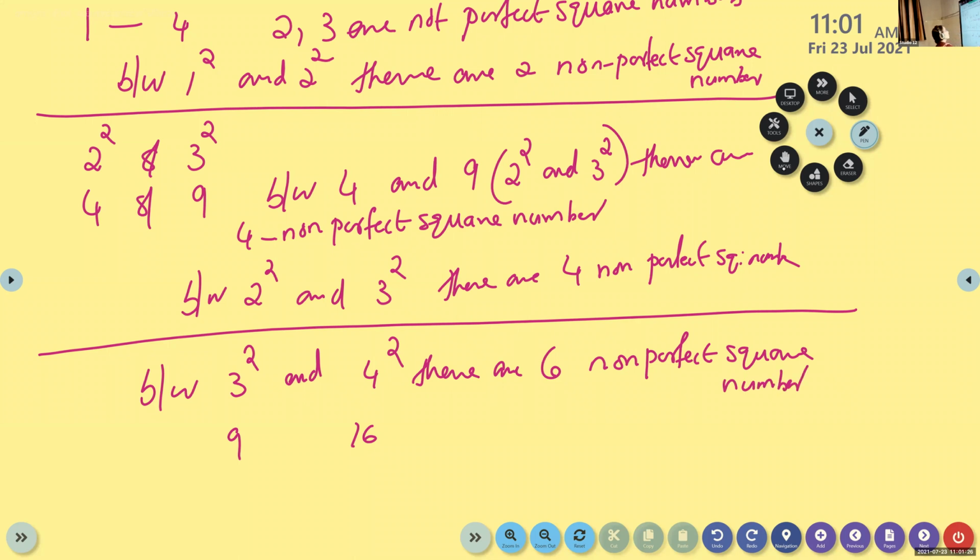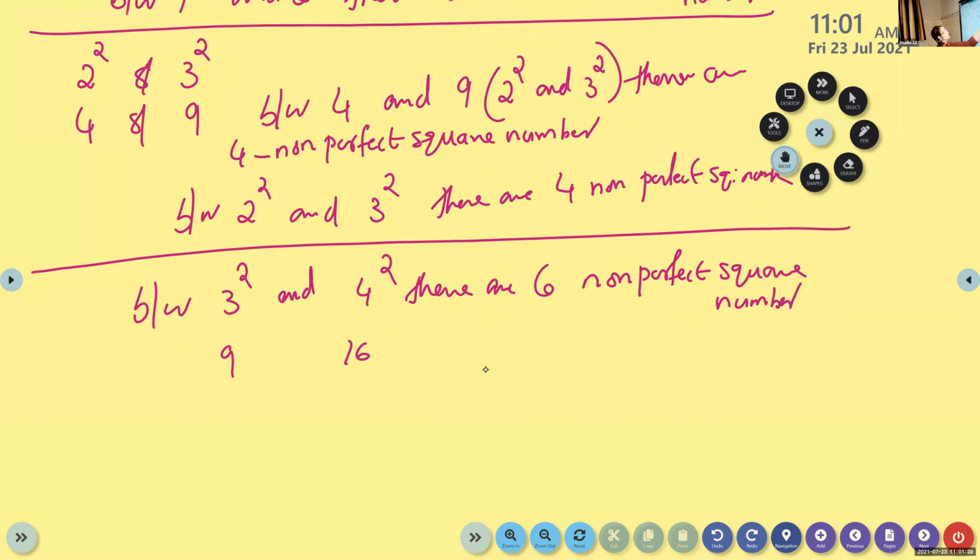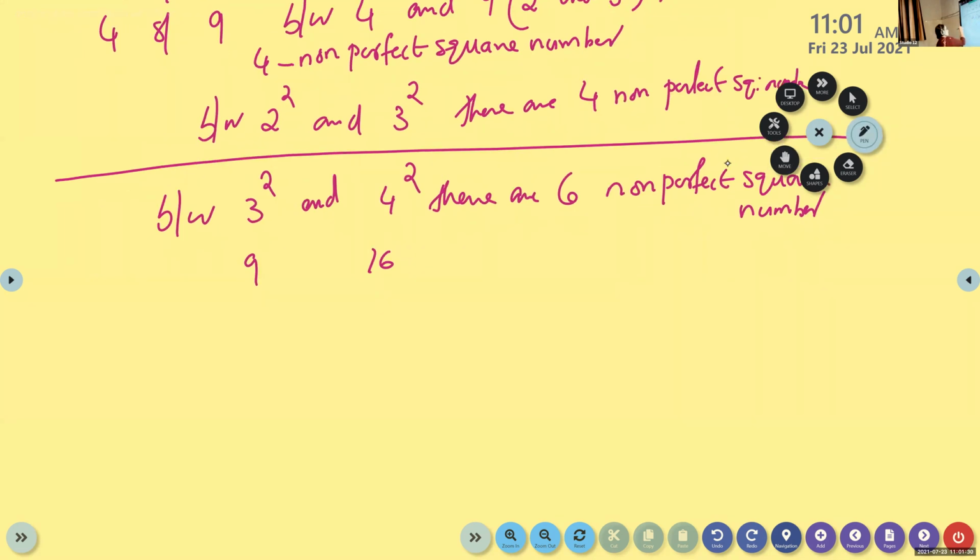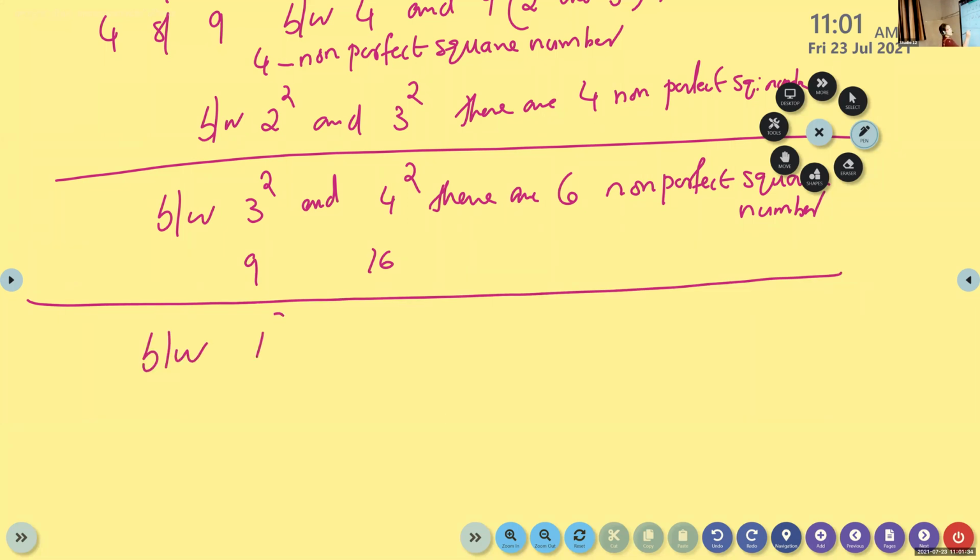Okay, children, now we are going to generalize all these results. Between 1 square and 2 square, 2 non-perfect square numbers.